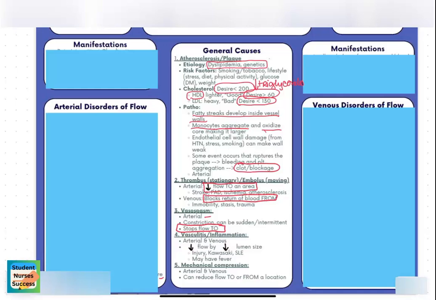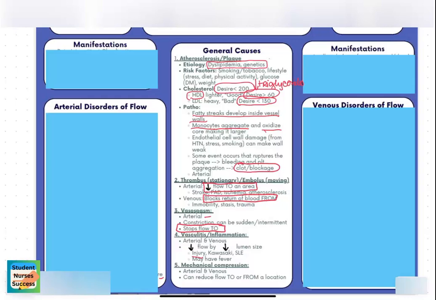Vasculitis or inflammation can be both arterial and venous. When you have vasculitis and inflammation in either an artery or a vein, it will narrow that vein or artery because the inflamed walls start to decrease the lumen size. We can see vasculitis develop when there's injury to an artery or vein.